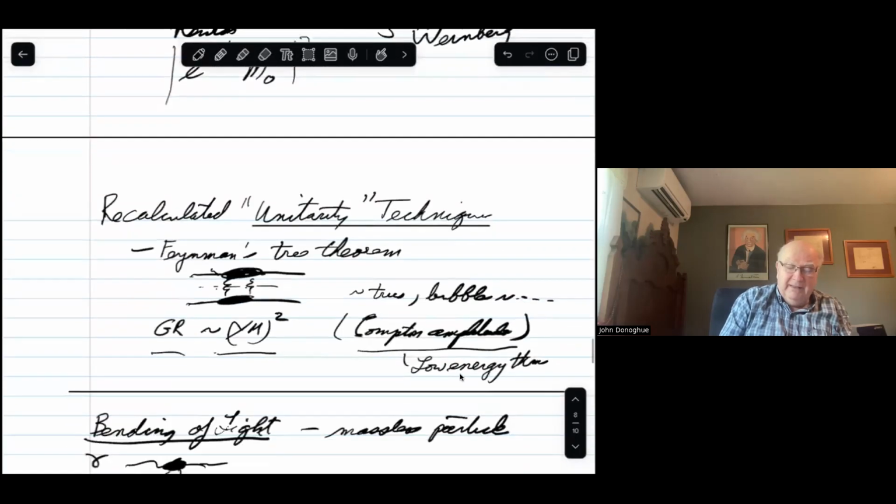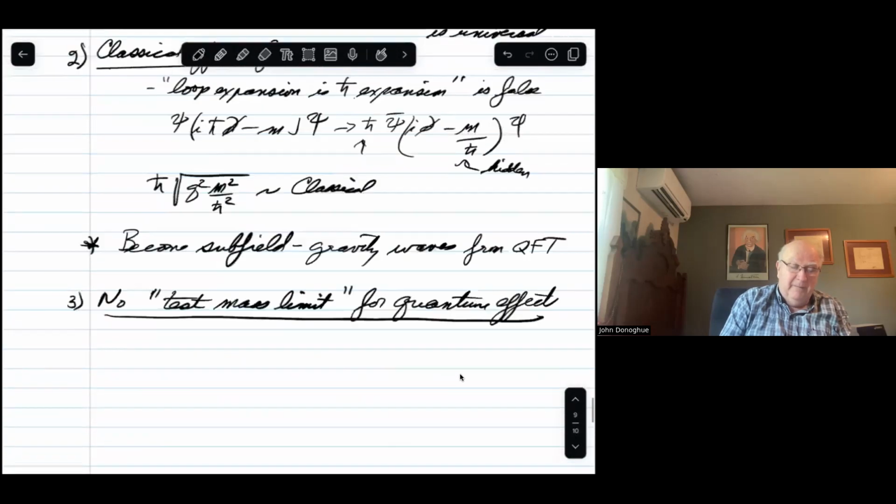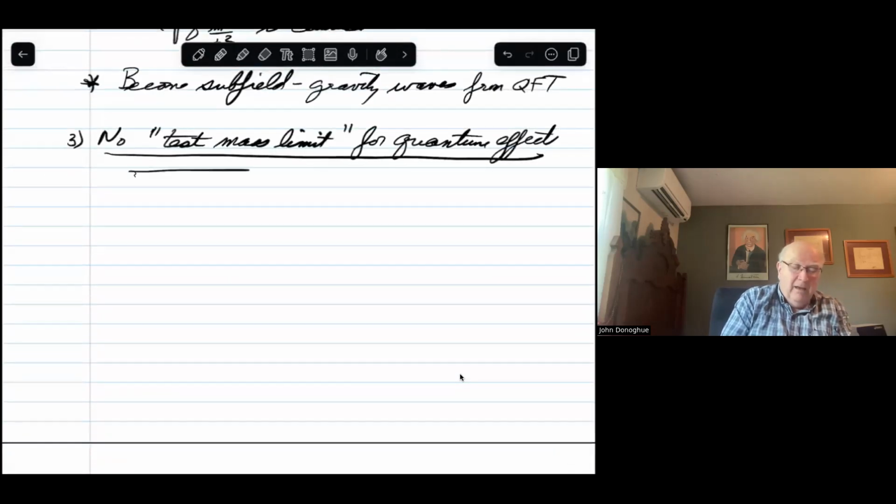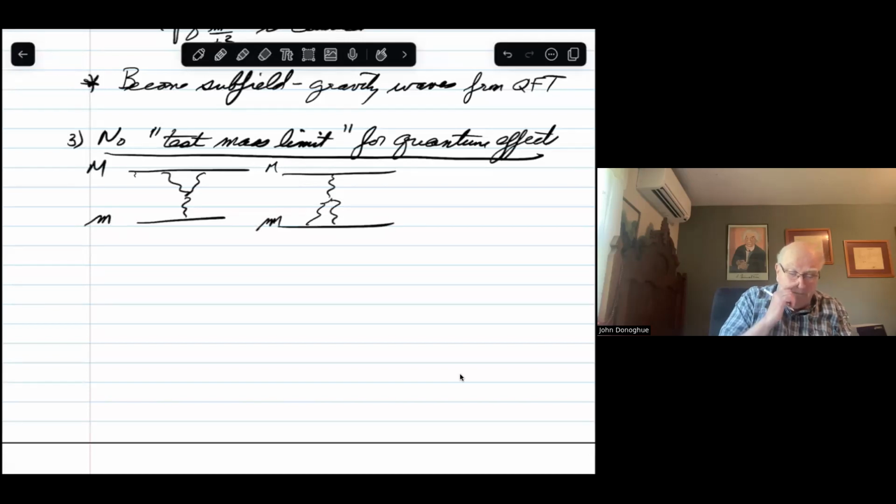And you can actually see that in explicit diagrams. If I do the diagrams that give me the classical pieces, this is big M, this is little m, big M, little m. Classically, this goes like M and this goes like little m. So I could neglect little m for the classical pieces.